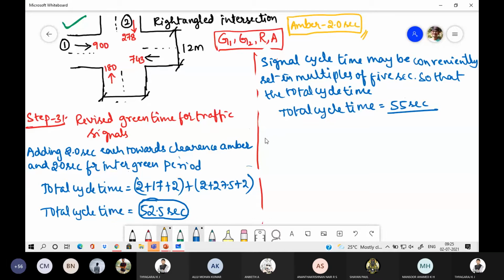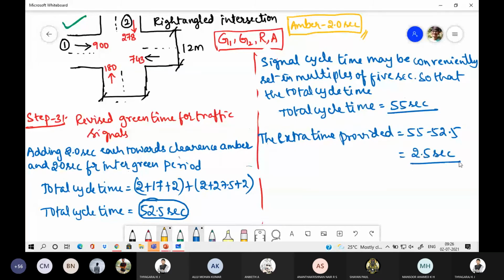The extra time provided is equal to 55 minus 52.5. How much extra time have we provided? 2.5 seconds. This 2.5 seconds will be added to the green time of road 1 and road 2.